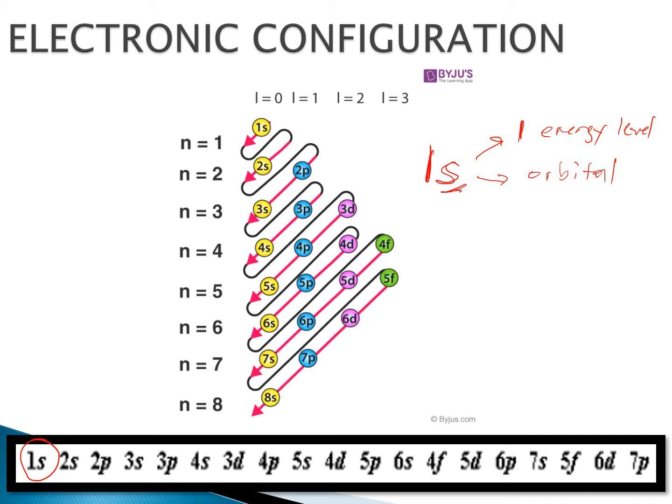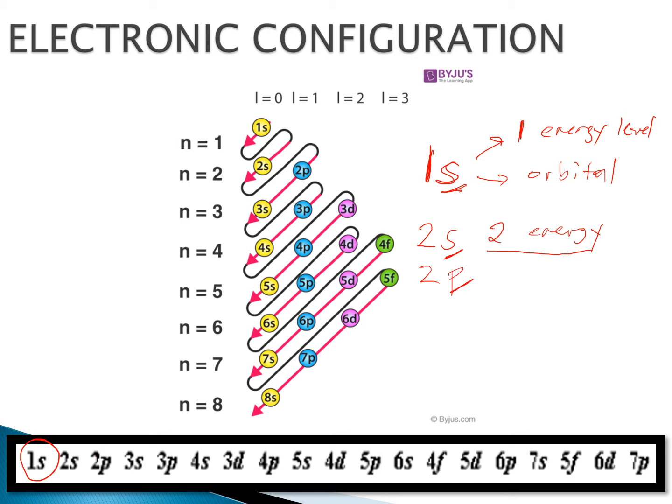Now let's continue. We have 2s and 2p. What does it mean? Number 2 represents the energy level. As you can see, for the second energy level, there are 2 possible types of orbital. And what are those? It could be an s orbital or p orbital.